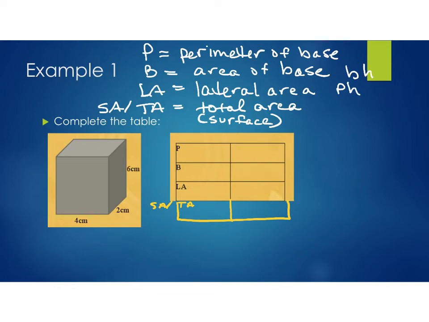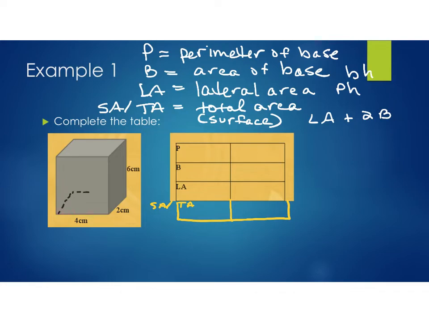of the prism. And then for total area, we'll find the lateral area, and then we'll add that to the 2 base areas. So let's go ahead. And again, it's a rectangular prism. Technically I could choose whatever I want to be my base here, but I am going to use the top and the bottom.